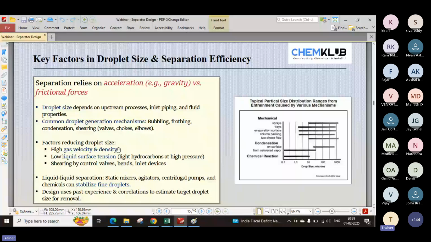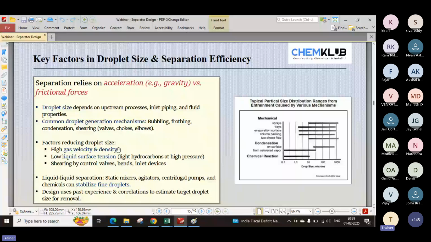The separation depends on the droplet size, how much size of the particle of the liquid is flowing along with the gas. This droplet size is based on the operating pressure, some inlet piping requirement, as well as the fluid properties.